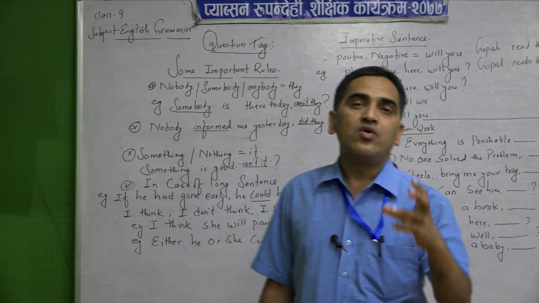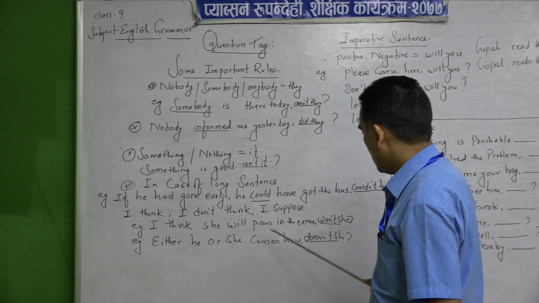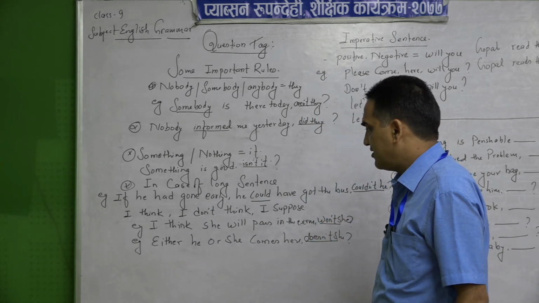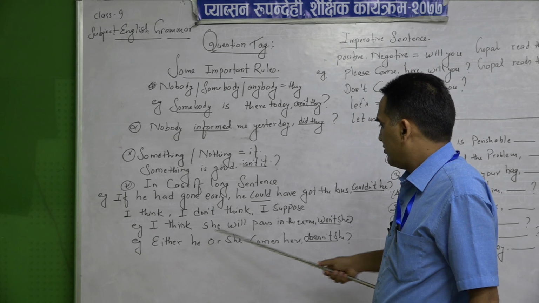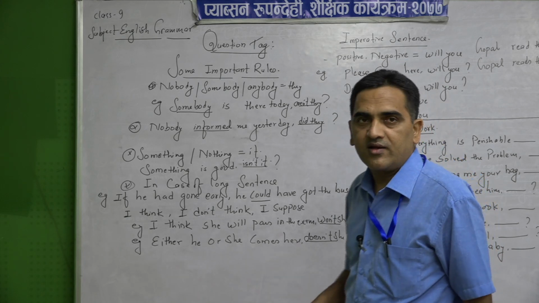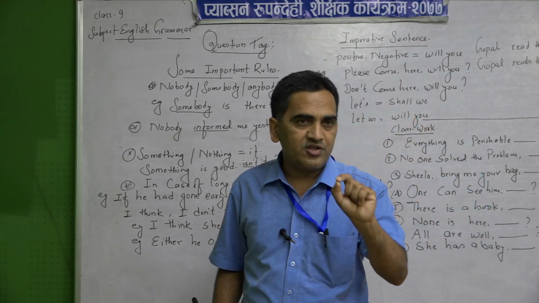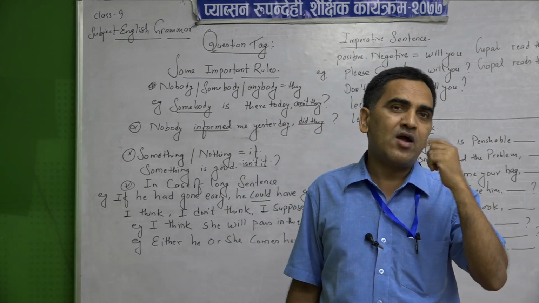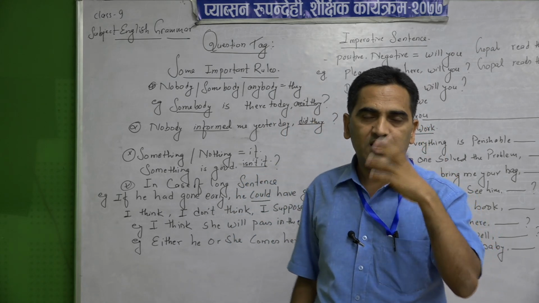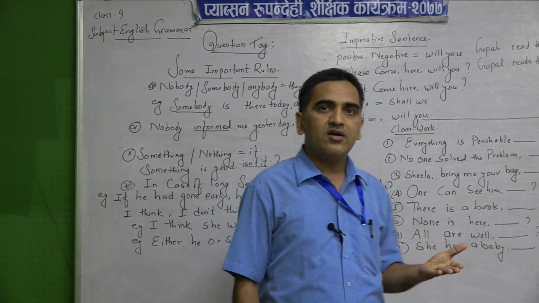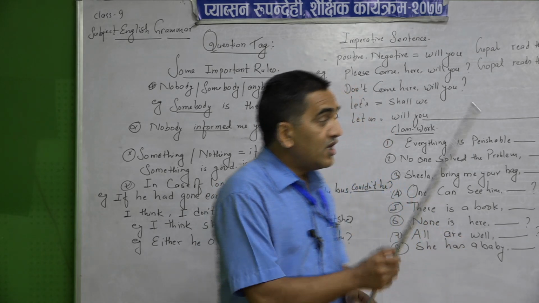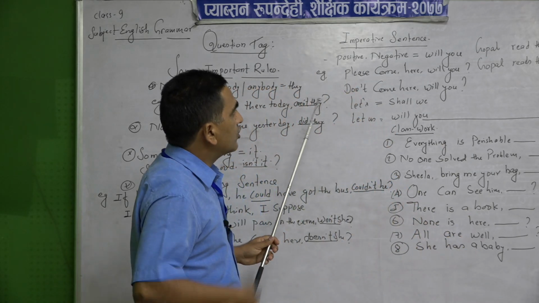So won't she. All right. And this is the question tag if the sentence starts from I think, I suppose, in my opinion. Now these words generally you find in the languages. All right.